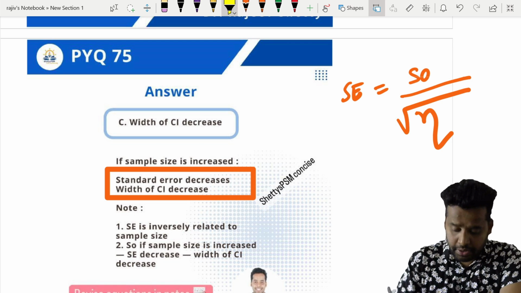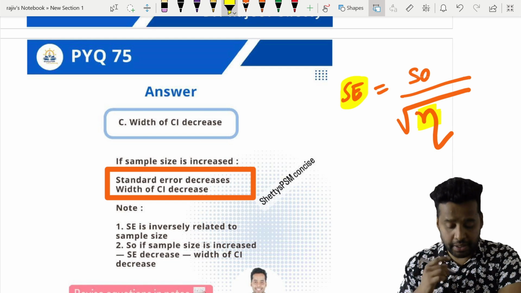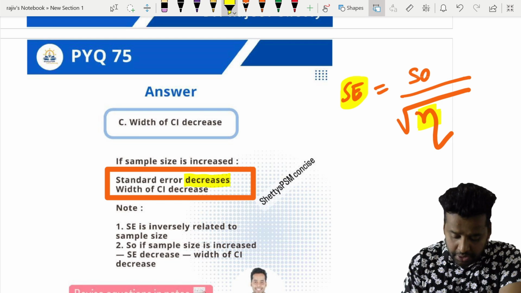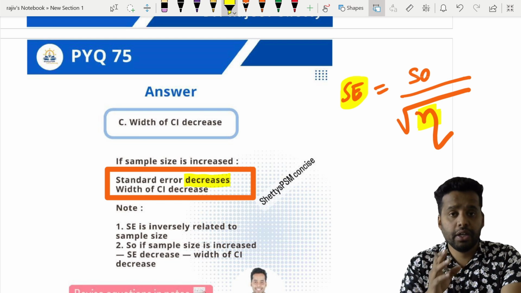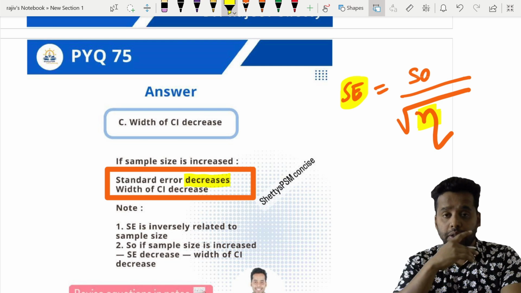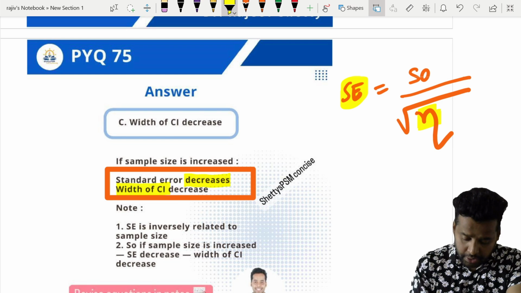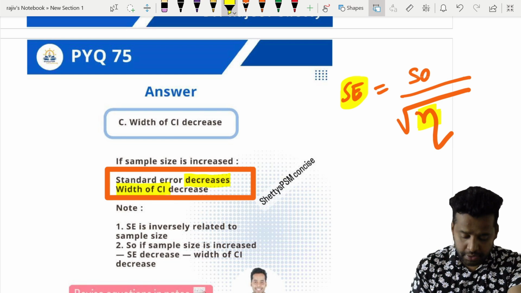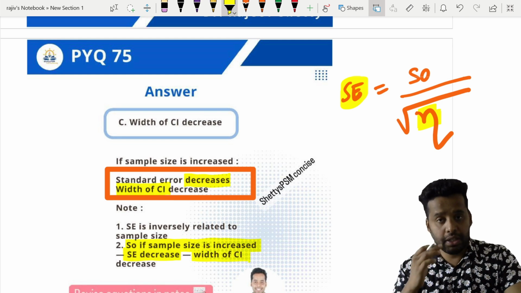If I am increasing the sample size in the denominator, standard error will decrease. Using standard error, you calculate the width of the confidence interval. So the width of the confidence interval will decrease. Always keep this in mind. If sample size is increased, standard error decreases, width of the confidence interval will decrease.